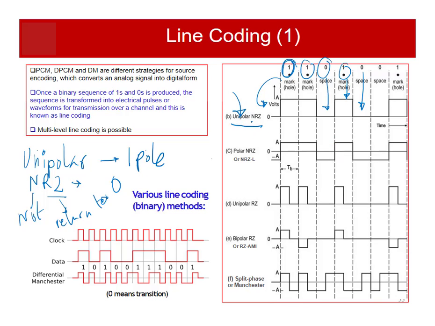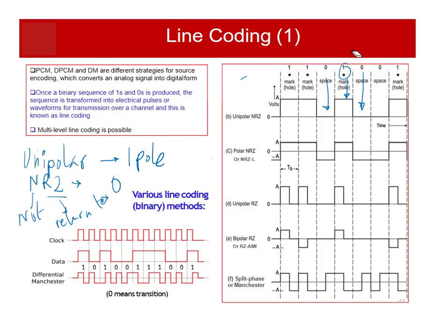It is called unipolar because it has one pole. It has some voltage only for high bits. When the bit is 1, you have amplitude A. When the bit is 0, you don't have any amplitude. So this is unipolar. And why is it not returned to 0? Because in the future you will see that in some schemes, for all the bits, the signal must return to 0 value. Let's move forward and see how it is done.